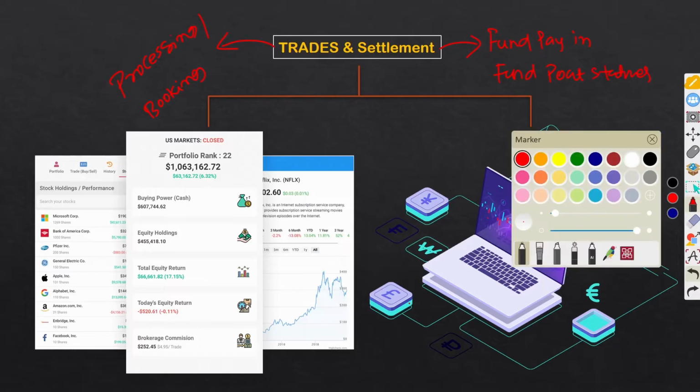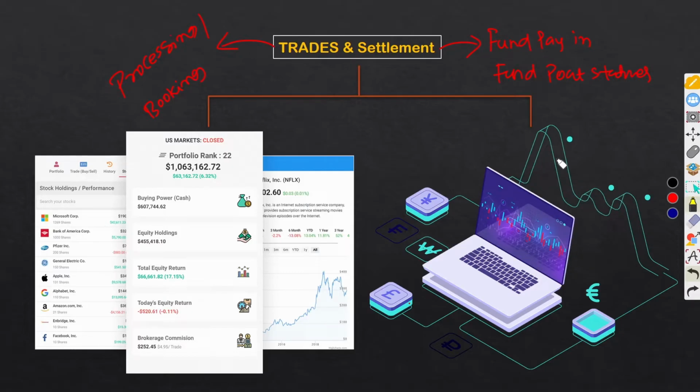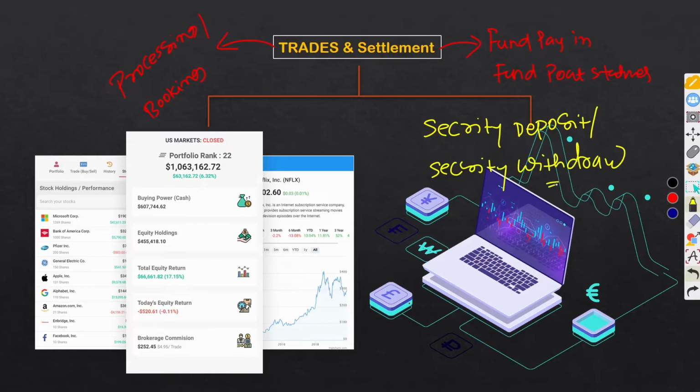Along with that, you would see two other aspects as well: security deposit and security transfer withdraw. So this is where your trade processing and trade settlement come into the picture.